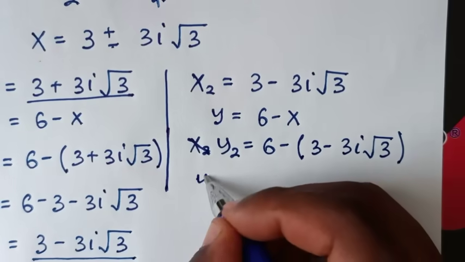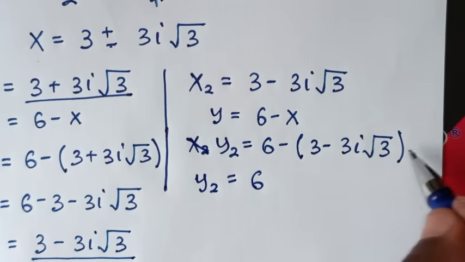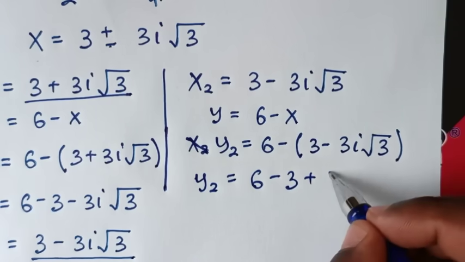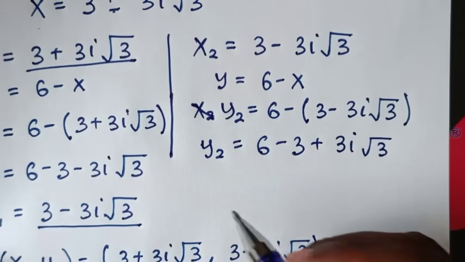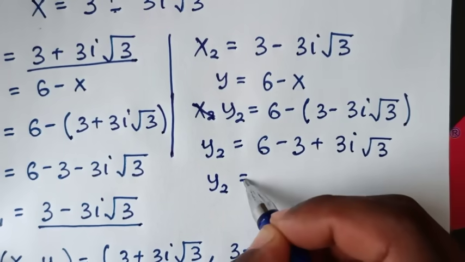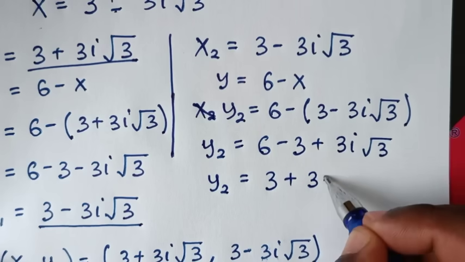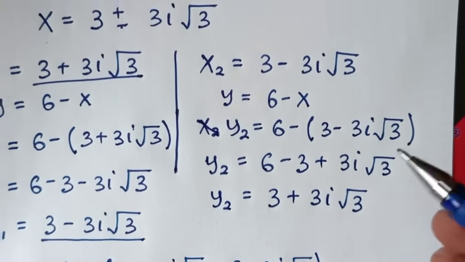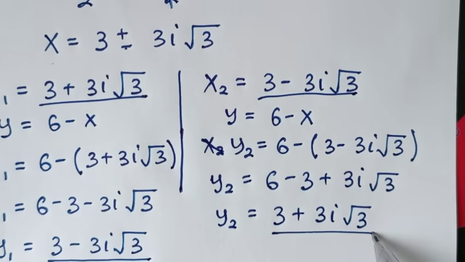So here it will be y2 is equal to 6, we take negative inside the bracket, it will be negative 3, negative and negative, it will be positive 3i square root of 3. Then it will be y2 is equal to 6 minus 3, it is 3, then plus 3i square root of 3. So here we got x2 and this value of y2.